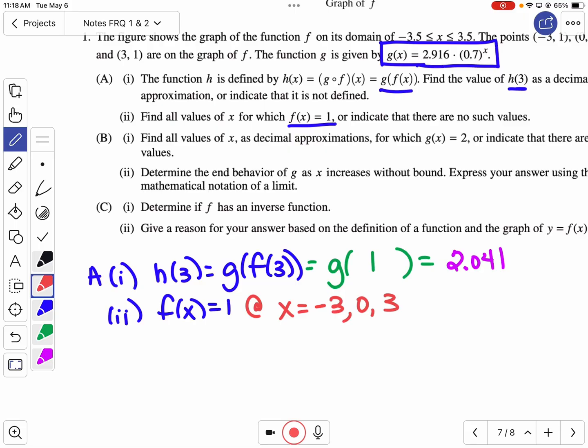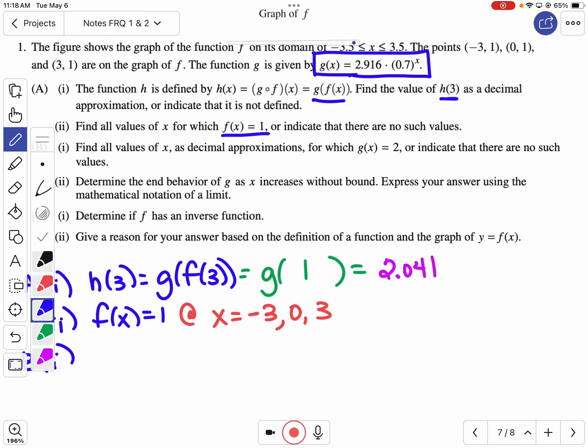So that's nice. They used the graph instead of the function this time, so we didn't have to use the calculator. So that was part A. Part B. Find all the values of x, as approximations, for which g of x equals 2. So this time I'm going to need the calculator. We're going to do the intersection. We're going to find where g of x equals 2.